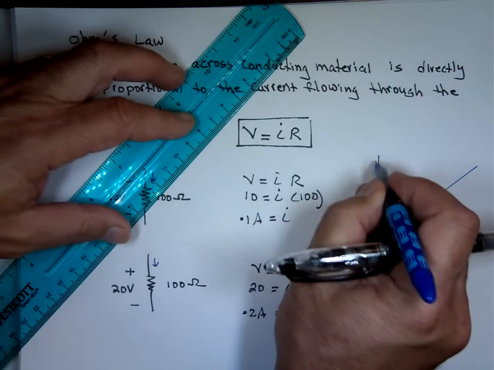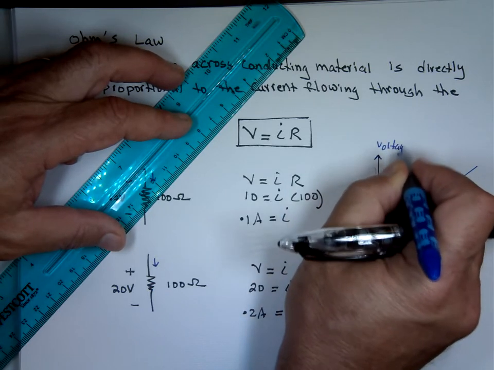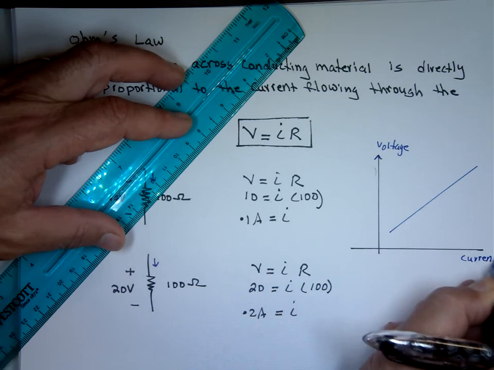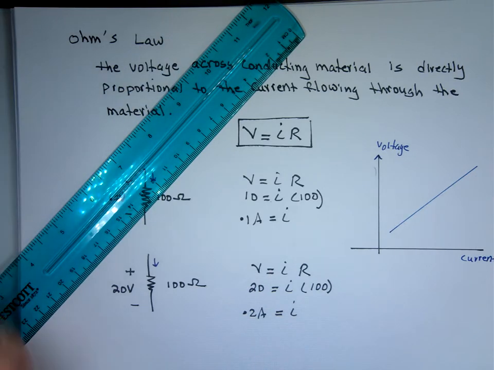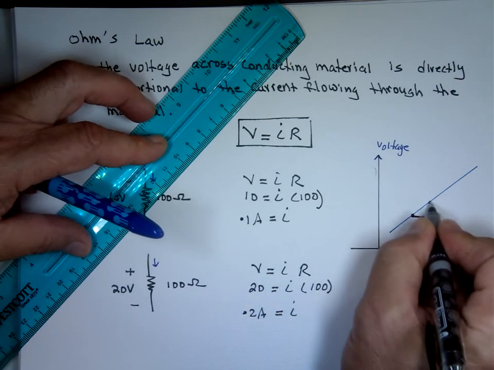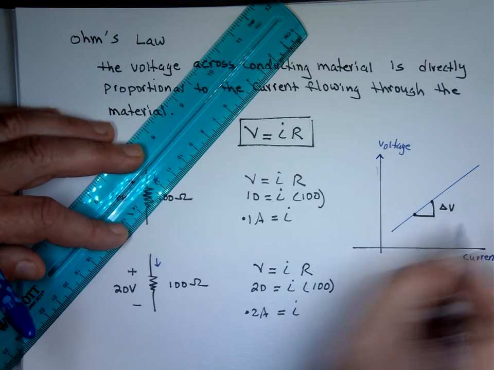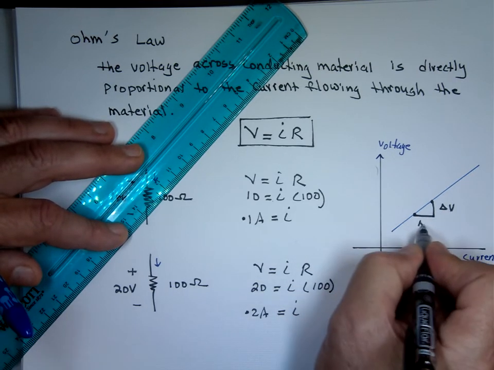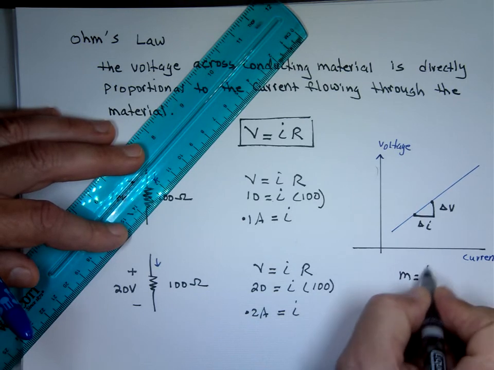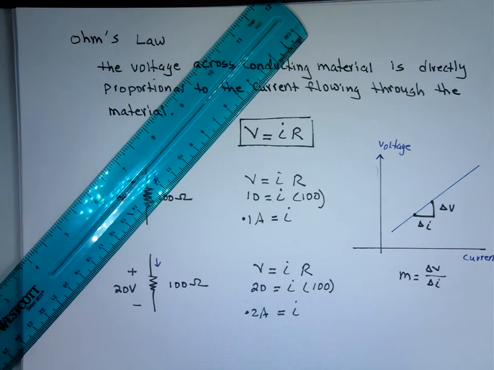If you do the voltage here, and this is current here, the slope of that line, if you take 2 points on that and you find the slope, the rise over the run. What is the rise? Isn't that the change in the voltage? And what's the run? The change in I. So the slope is the change in voltage over the change in current. Voltage over current.